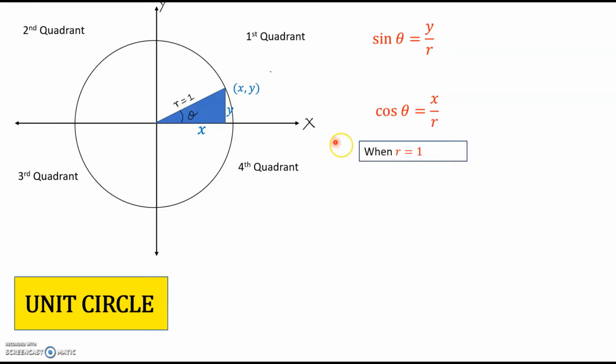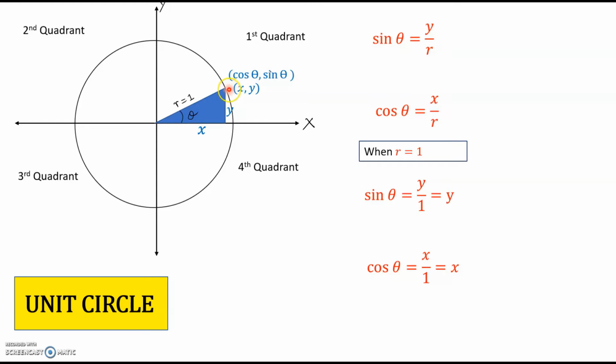Since our r is equal to 1, substituting 1 for r, we find sin theta is equal to y by 1, that's y, and cos theta is equal to x by 1, that's x. Now further we can extend this coordinate as cos theta comma sin theta, because x is equal to cos theta and y is equal to sin theta. So we define this coordinate as cos theta comma sin theta.